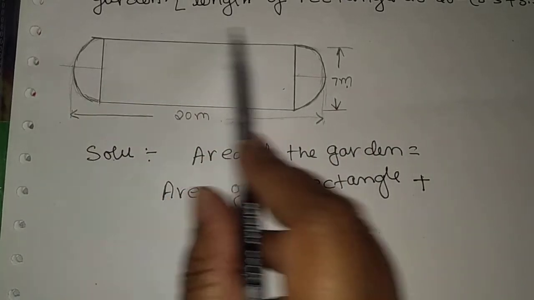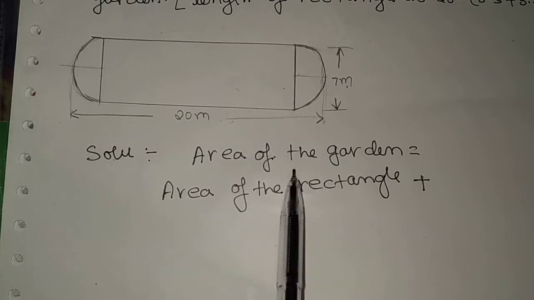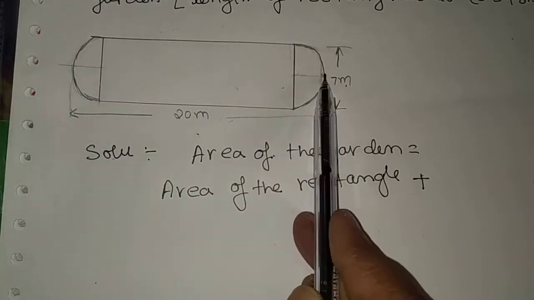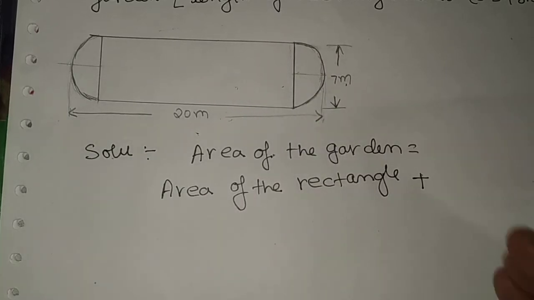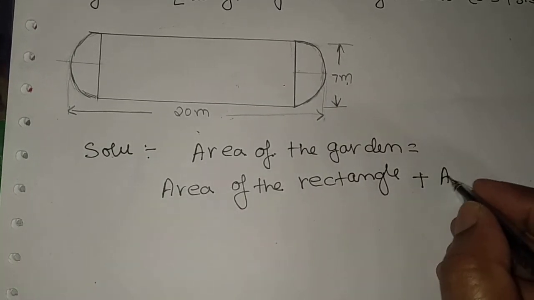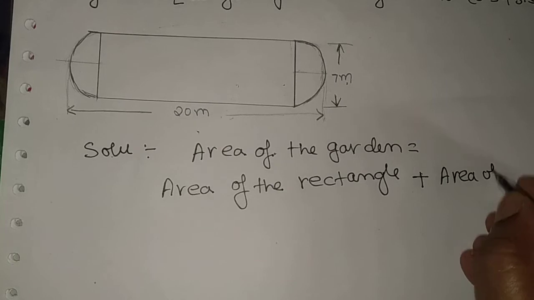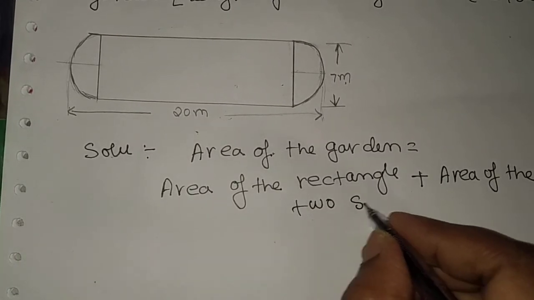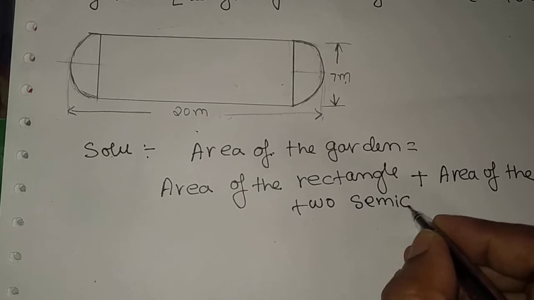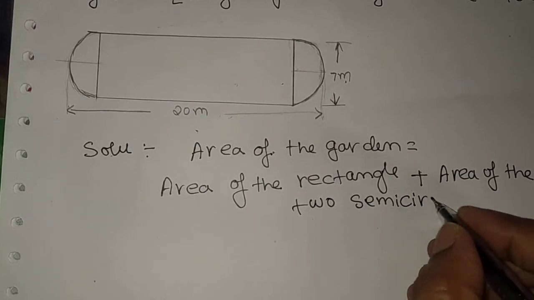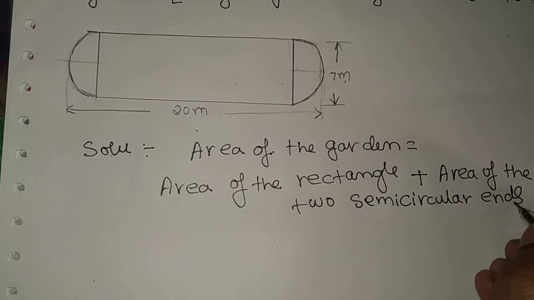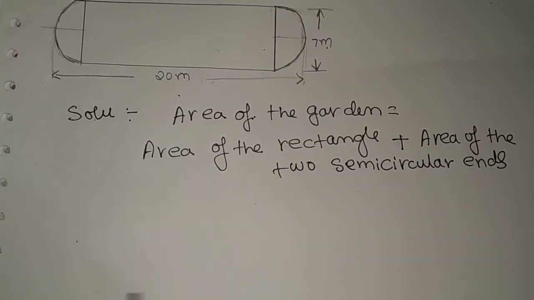So area of this garden is equal to area of this one rectangle and area of the two semicircles. Therefore plus area of the two semicircular ends. So ends are semicircular, so we have to write two semicircular ends.